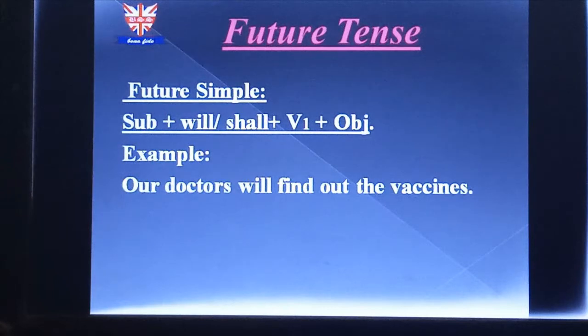But will we can use with any subjects, even with I and we. If you are talking about only shall, that will be only with I and we. But will is applied with any kind of subject. That can be I, we, you, they, any kind of subject. Okay, so let's go for the another classification of future tense.